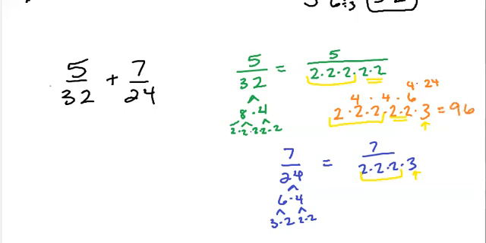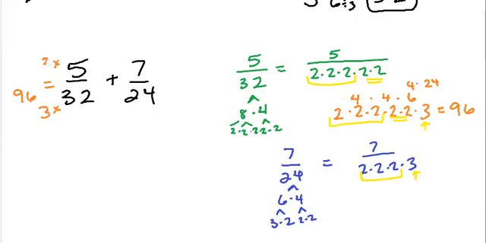So my common denominator is going to be 96. What did I multiply 32 by to get 96? If I multiply it by 3, that's how I got 96.